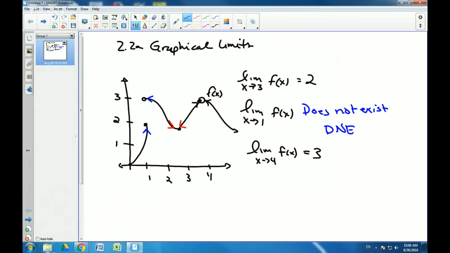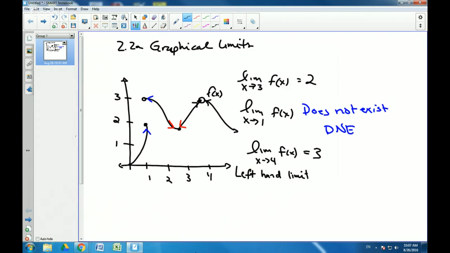We can deal with these jumps. Okay? So we have a left-hand limit, which side am I coming from? Just the left. So I'm gonna write a limit that just comes from the left. This doesn't matter anymore.